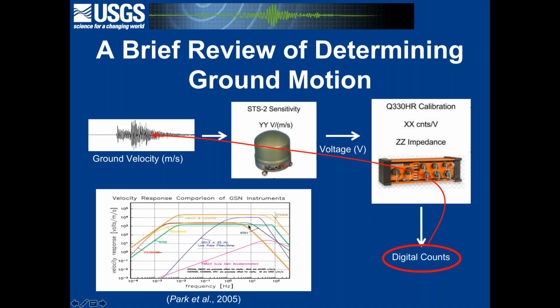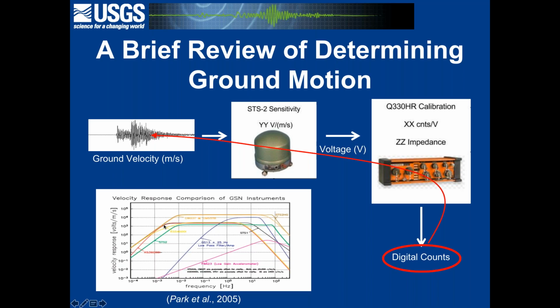In this area, the seismometer is considered flat to ground velocity. What that's showing is that if you have, let's say, a 2 nanometer per second signal here and here occurring at different frequencies, it's going to be recorded the same on the instrument.